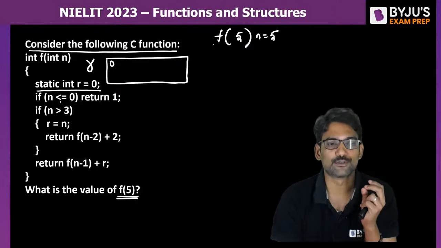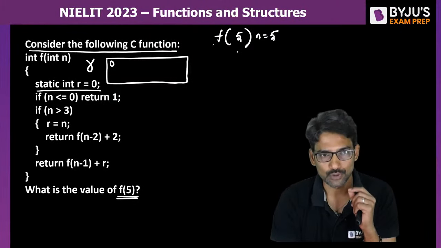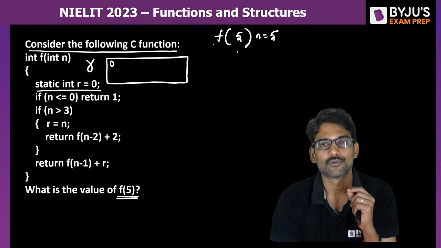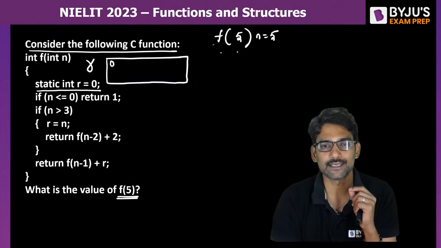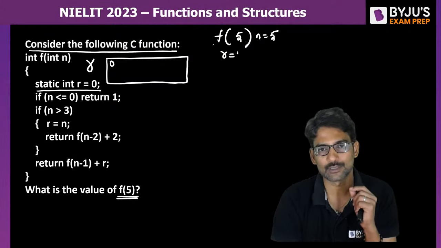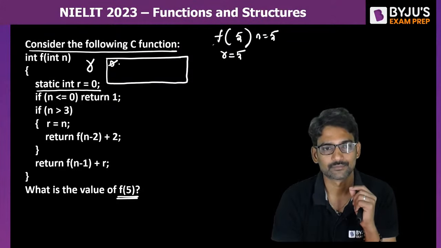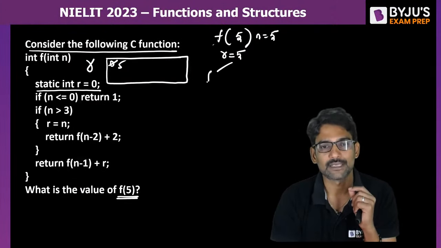N greater than 3, true. N greater than 3, true. So what it does? R is equal to n. R is equal to 5 and return f of n minus 2 plus 2.